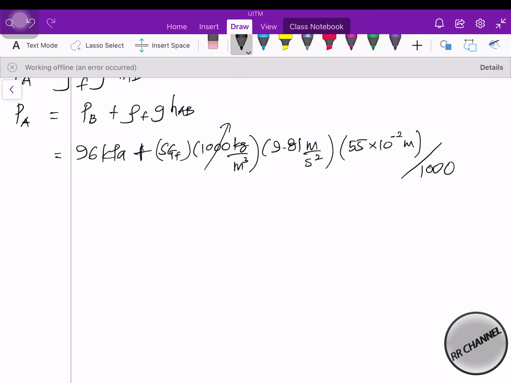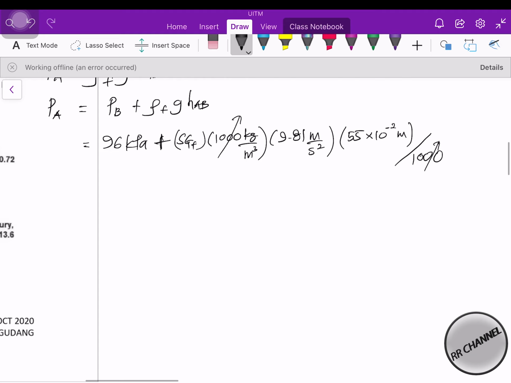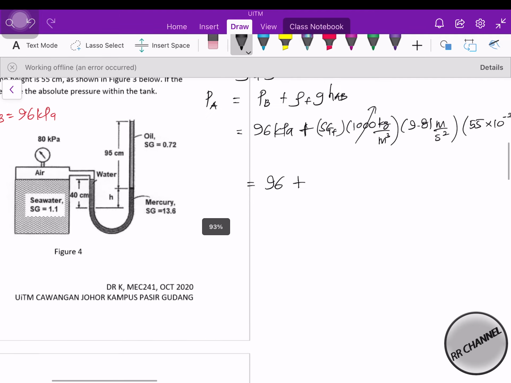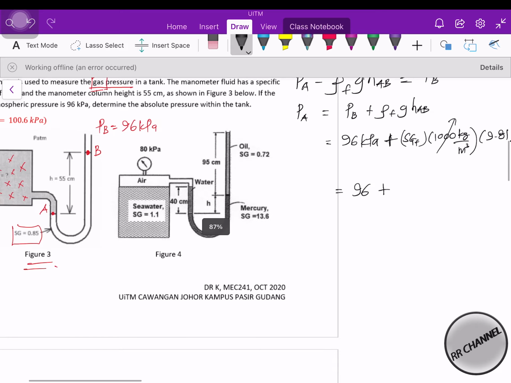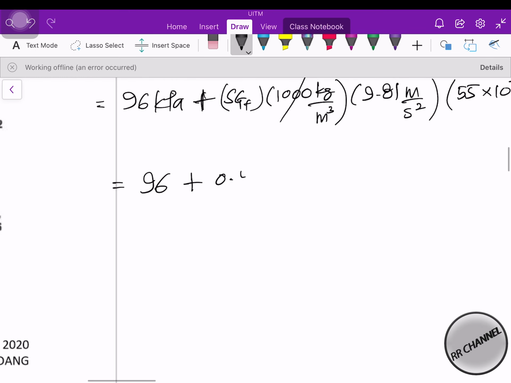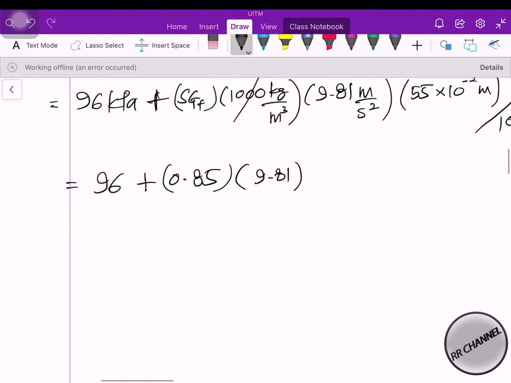So here 1000 can be cancelled out, becomes 96 plus SG of the fluid, which is 0.85, then 9.81, then 0.55. So you get the answer as 100.59 kilopascal.